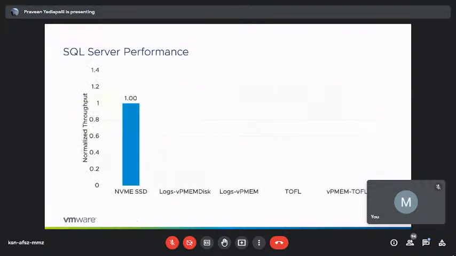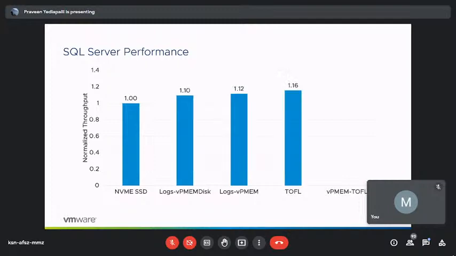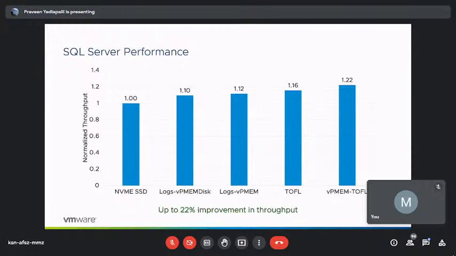So here I'm showing the SQL Server performance. On the y-axis, it's again throughput. Higher is better. So better throughput is always desired. NVMe SSD, let's say normalized to 1. I tried different combinations of PMM and I can get up to 1.16 times, which is 16%. But when I tried the modified application, I can get up to 1.22, which is a 22% improvement in throughput.